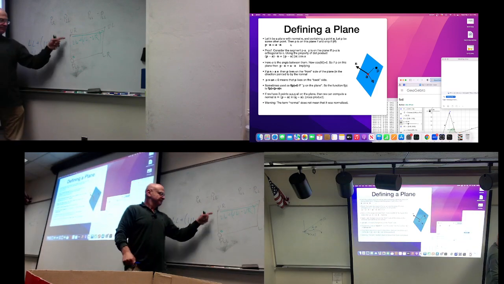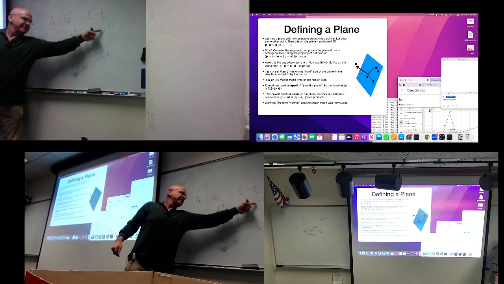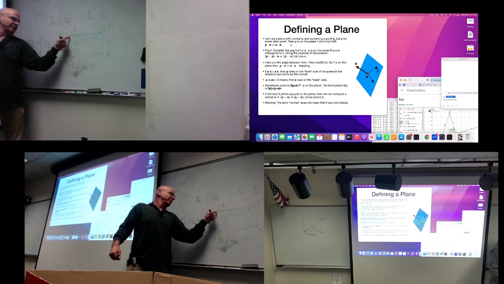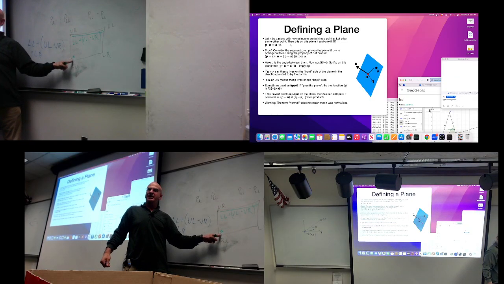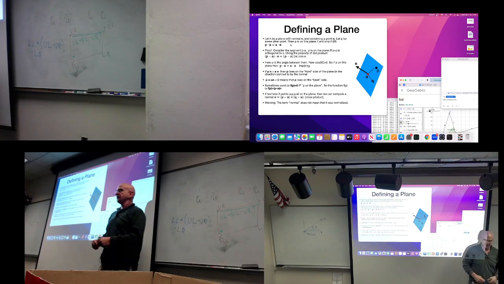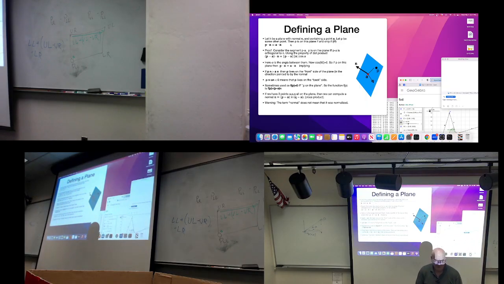Everybody agrees? This walking distance from here to here, had I started from here, will take me to the lower right. Because once again, the billboards are always nice rectangles, and it doesn't matter how they are arranged in 3D, they're still rectangles.